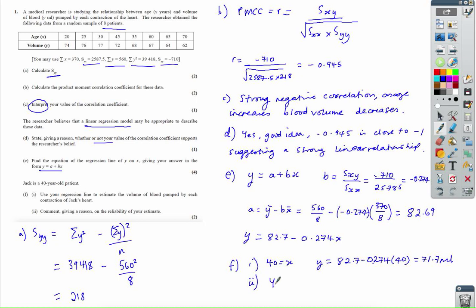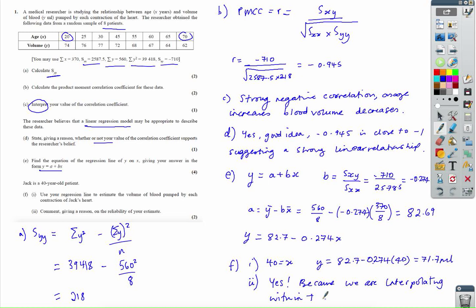Is this reliable? Yes. Why? Because we are interpolating. Remember, we are within the data. 40 is within the data range. The data, in terms of age, goes from 20 to 70. So 40 is smack bang in the middle. We are interpolating within the data range.